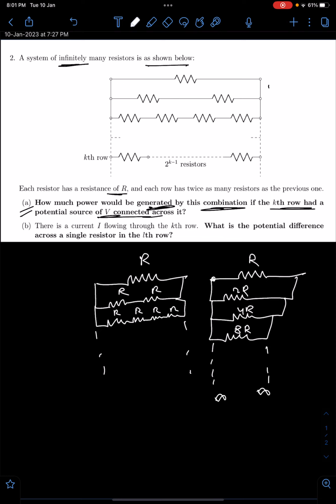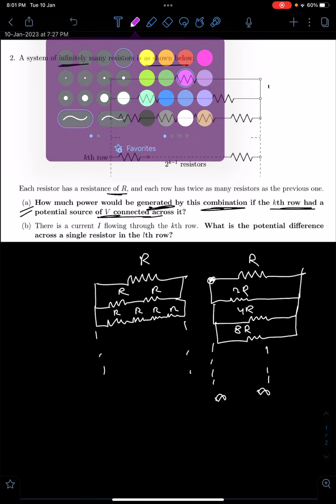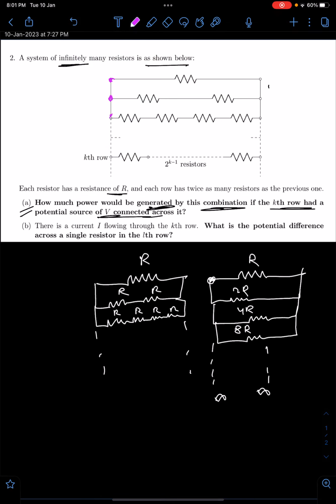Now you guys are seeing, right? Sorry for my bad diagram. These resistors are in parallel. In parallel, what remains constant? The voltage across these points remains constant, because this is at the same potential with all these and this is at the same potential with all these. So the difference between them remains constant.